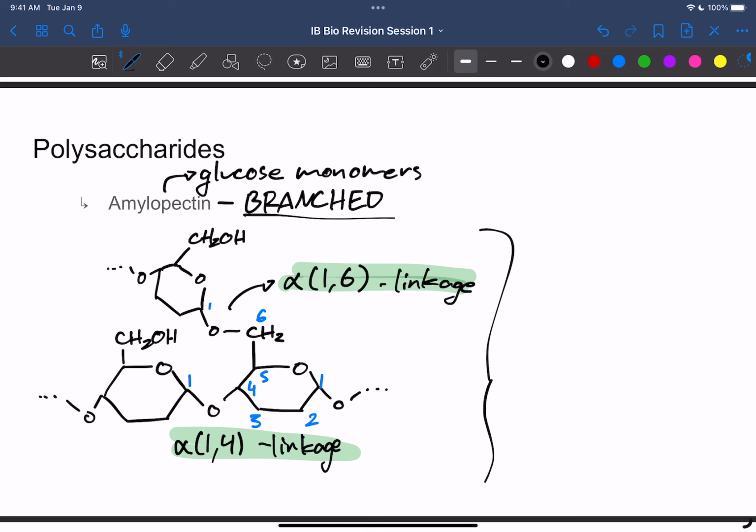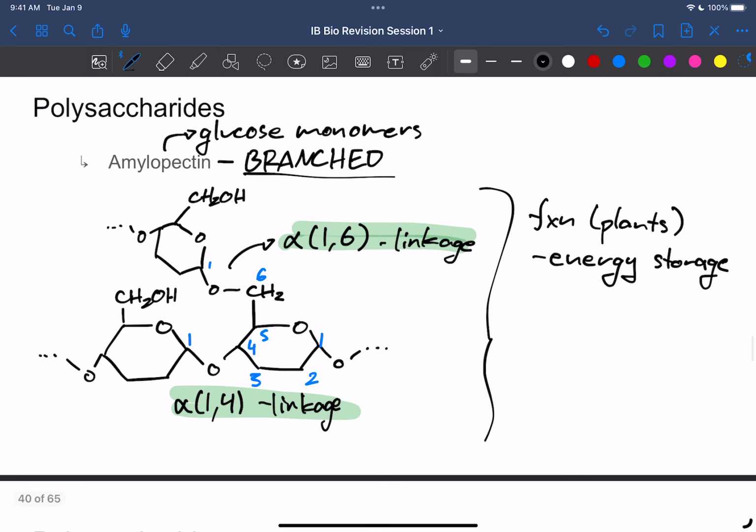What's the function? Well, the function in plants is for energy storage too. And this is really important because this is actually easier to digest.